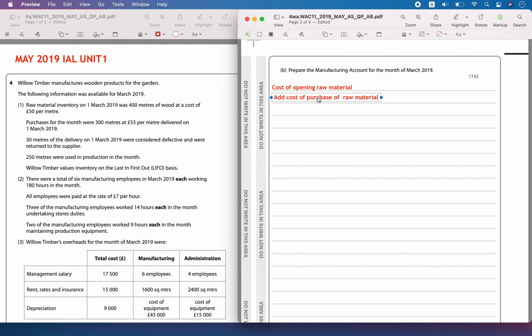So you have an opening raw material cost, then you will add the purchase cost of raw materials you have made. Now you have the total raw material, then you will remove any returns that happened during the purchases. So less, purchase return cost of raw materials.